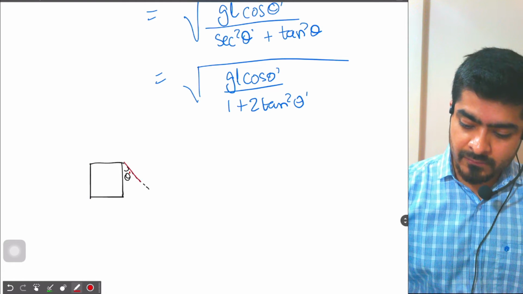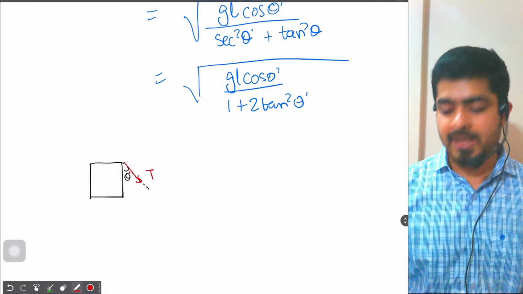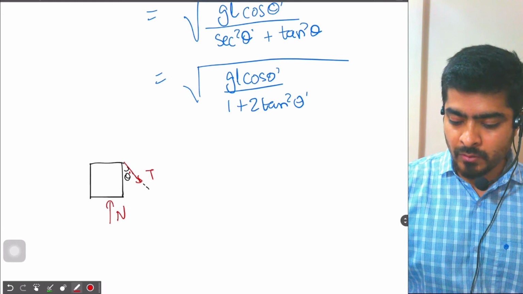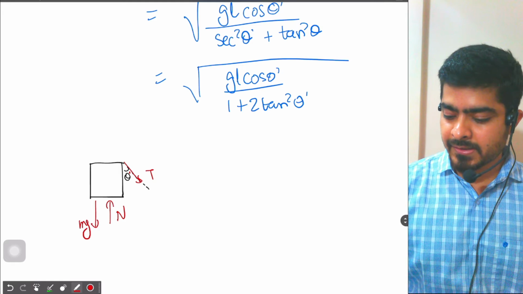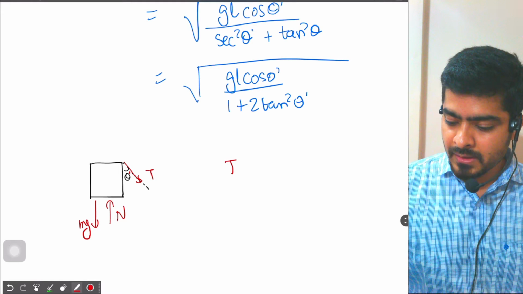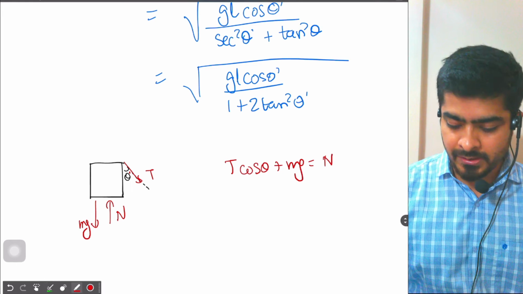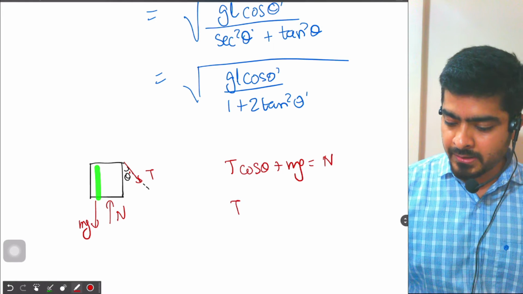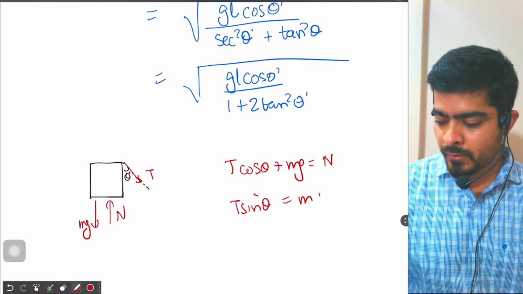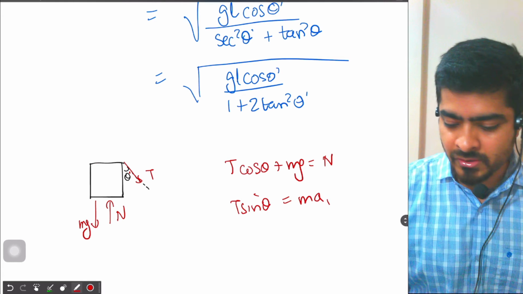So the tension will be acting on the block in this direction, normal force from the ground like this, mg like this. So T cos theta plus mg should be equal to N along the y-axis, and T sin theta should be equal to ma1. a1 is the acceleration of the block.